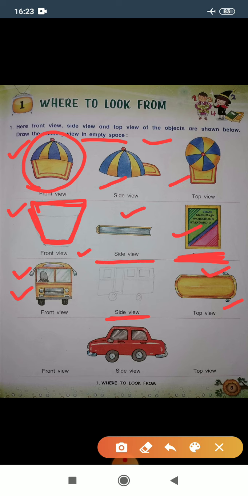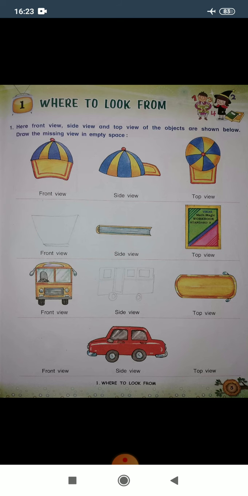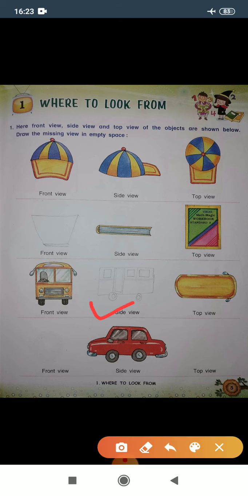Everyone knows that in side view we can see two wheels, many windows and one door also. So in side view you can draw this type of picture.